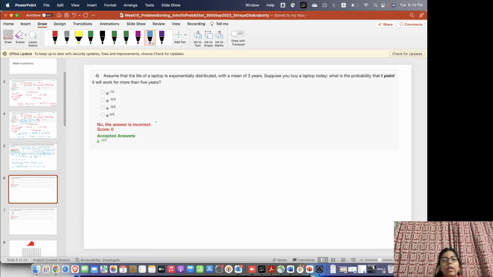This says that we assume that the life of a laptop is exponentially distributed with a mean of 3 years. Suppose you buy a laptop today, what is the probability that it will work for more than 5 years?